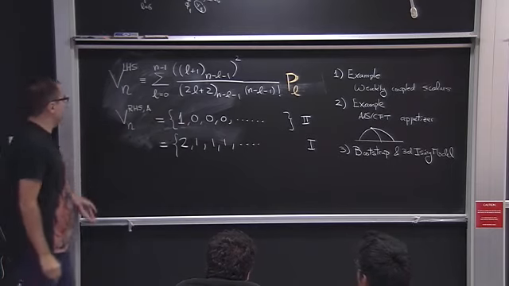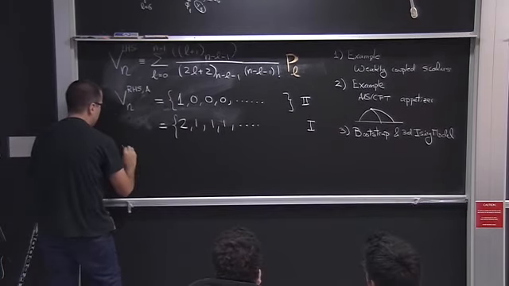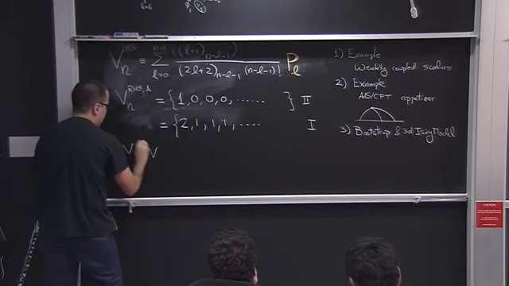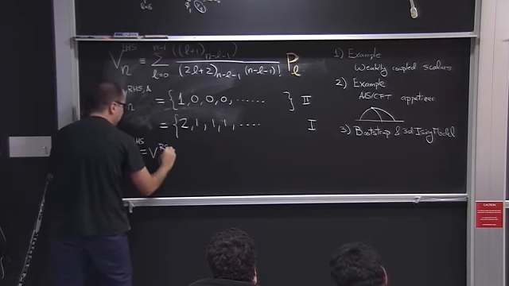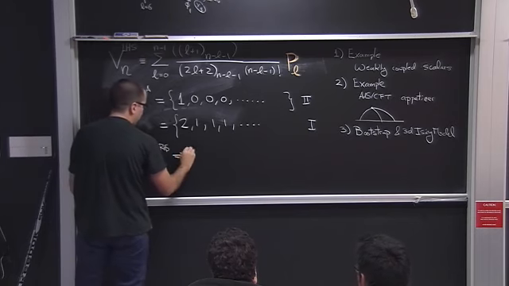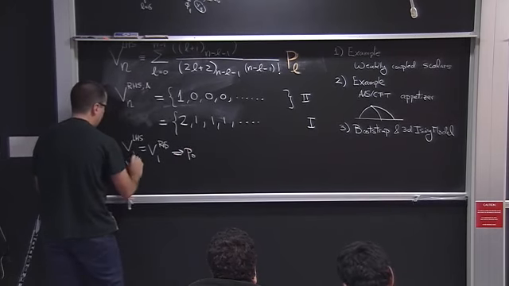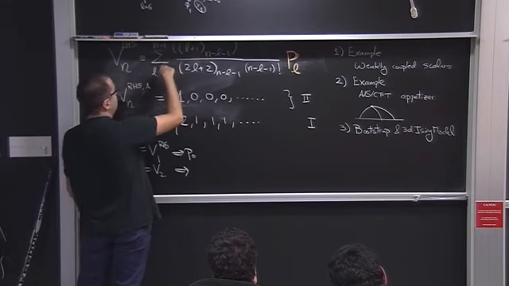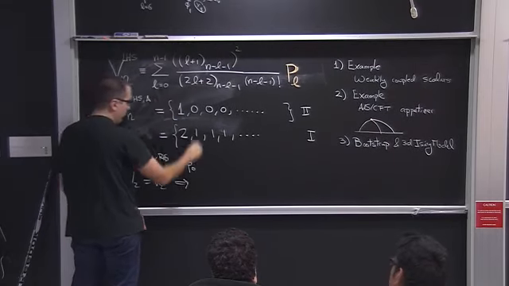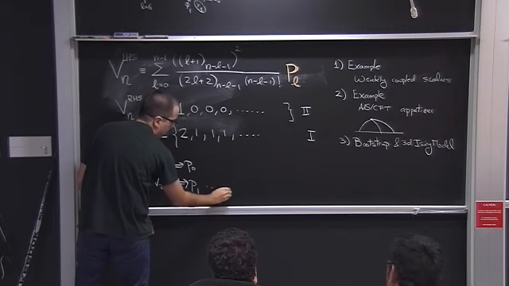And now you see what you do. Let me be more explicit. You impose V_1 left-hand side equal V_1 right-hand side, and this fixes P_0. Then you impose V_2 equal V_2. And once you know P_0, the next term with n equals 2 contains P_0 and P_1. So you fix P_1, etc.